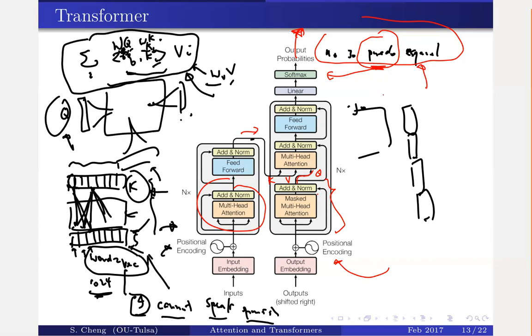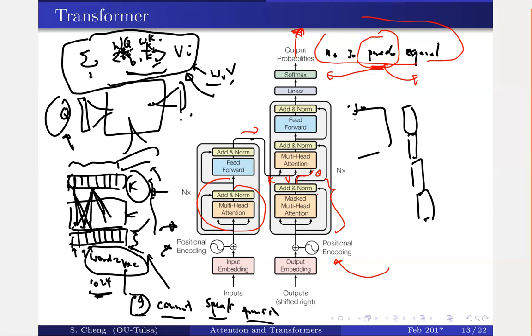Let's say I'm trying to predict Puerto here, but I cannot see any word after that, right?